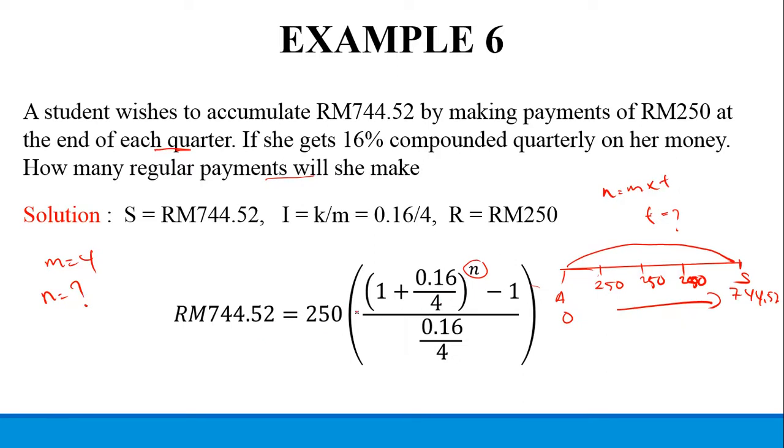What you do first, you know that the formula is S equals R times (1 plus I) to the power of n minus 1, divided by I. So R is 250, I is 6% divided by 4, which is 0.015, and minus 1, divided by I.